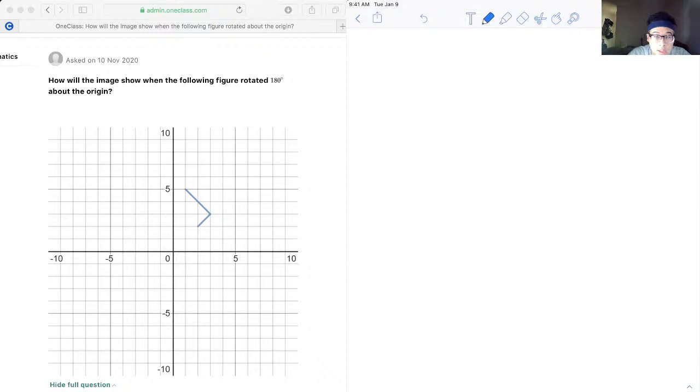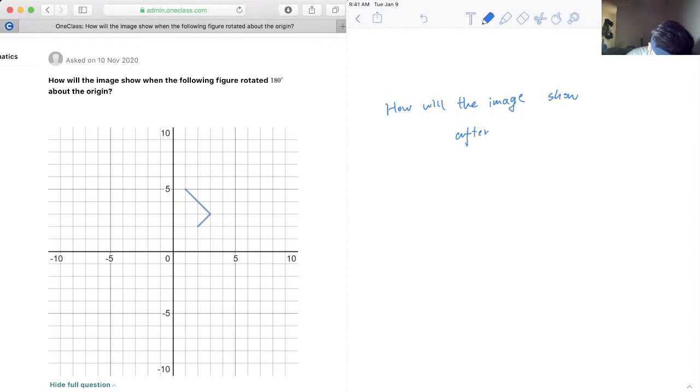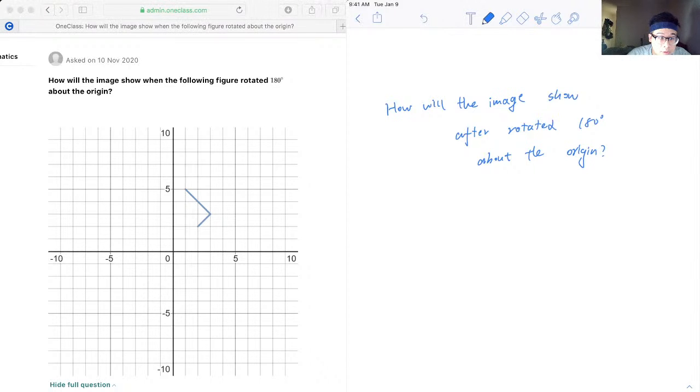Okay, so for the next question, we are asked, how will the image show when the following figure is rotated 180 degrees about the origin?